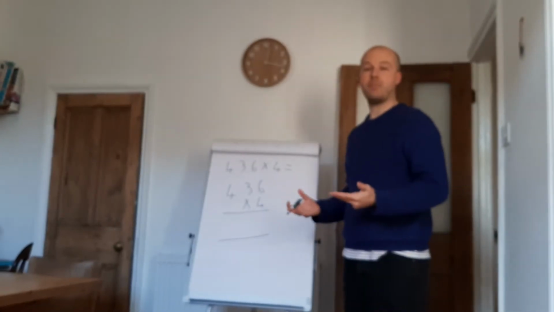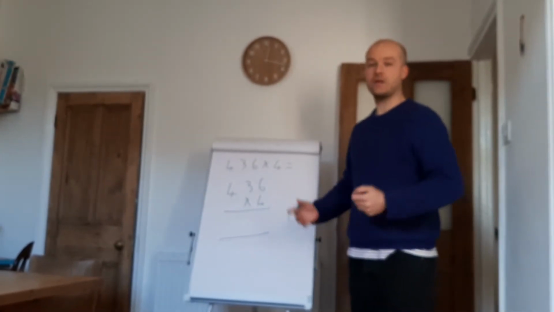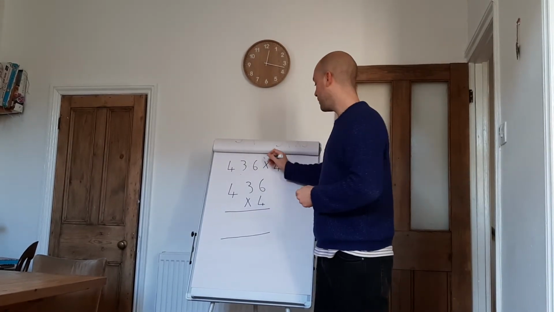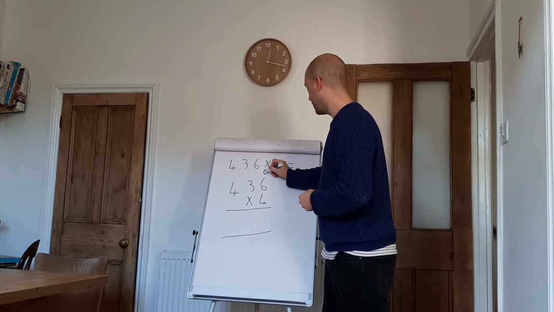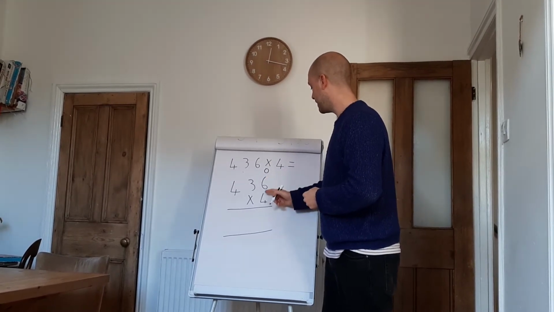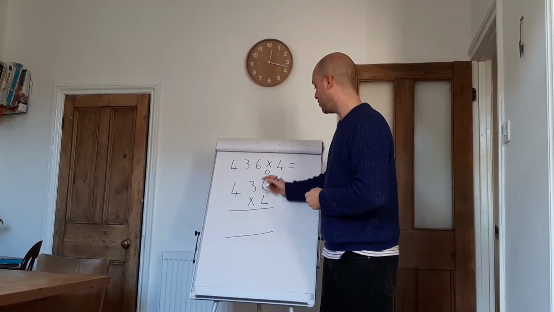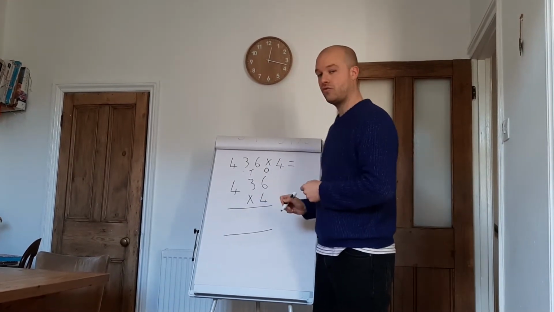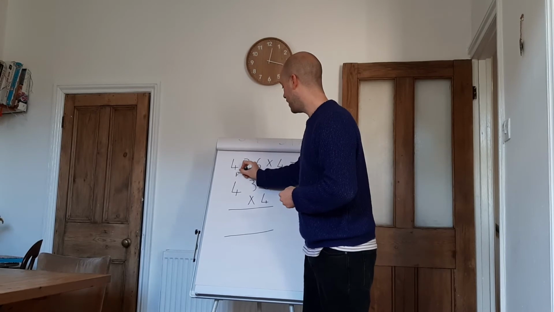Have a think about why that might be. You can pause the video. That would be because we've got the ones column here, so the 6 and the 4 are both in the ones column. The 3 represents 3 tens, and the 4 represents 4 hundreds.